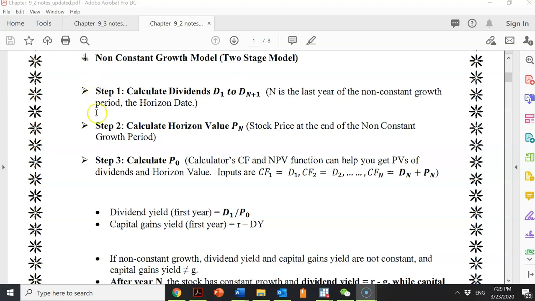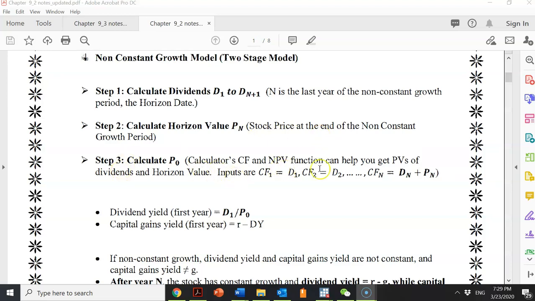We will have 3 steps working on such problems. Step 1, calculate dividend D1 to Dn plus 1. N is the last year of the non-constant growth period, the horizon date. Step 2, calculate horizon value Pn, the stock's price at the end of the non-constant growth period. Step 3, calculate P0.